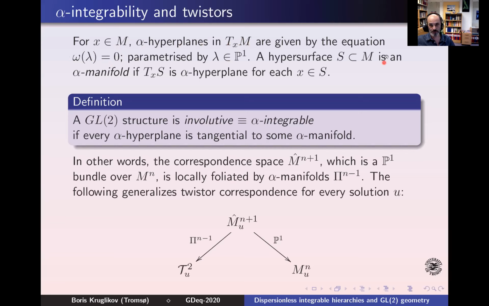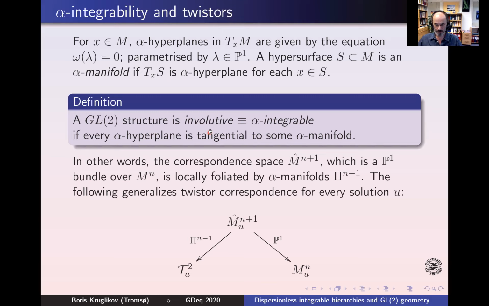And a hypersurface in M is called an alpha manifold if at each point of this hypersurface the tangent space is an alpha hyperplane. Okay, so that's not Frobenius integrability, because that's not a distribution. At every point we have a one-dimensional family of hyperplanes. Now, a GL2 structure is called involutive alpha integrable if for every alpha hyperplane we can find an alpha manifold which is tangent to it.